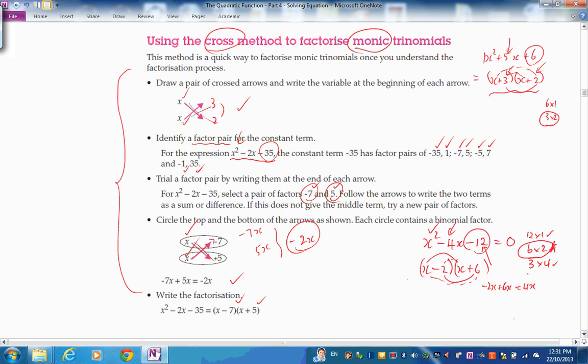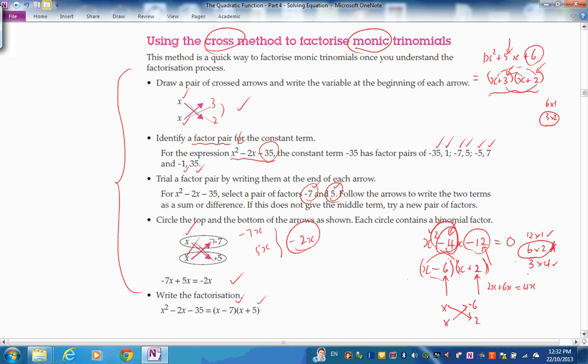Uh-oh. That didn't work. We want neg 4x. So let's change it. Let's make the 6 the negative one, the larger number in size, so that the negative wins. In the end, you're going to have more negative x's than positives under FOIL. Okay? By the cross method, x and x, and we would go neg 6 and 2.